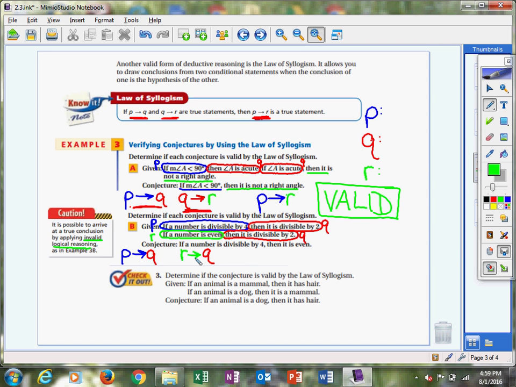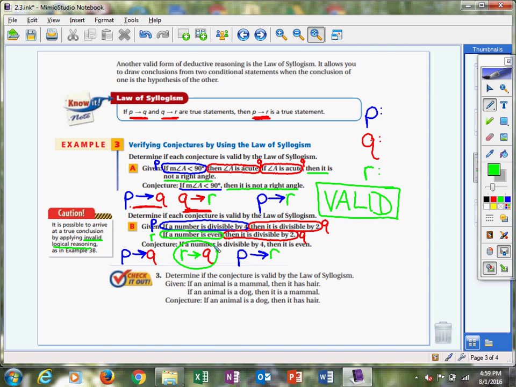It's P then Q, Q then R. And that's what makes P then R true, okay? And so our conjecture is, so then if a number is divisible by 4, so we're back to blue again, then it is even, okay? So where I see the problem is right here. That second statement kind of threw the whole thing into invalid reasoning.